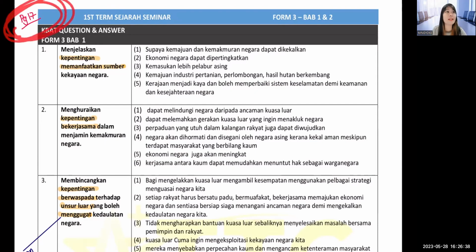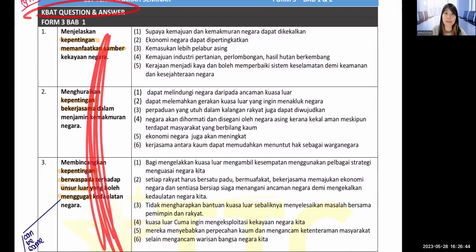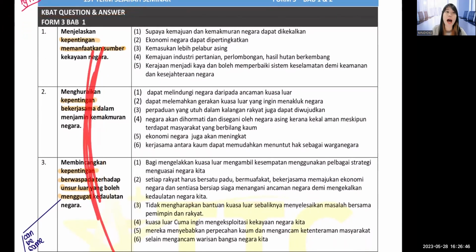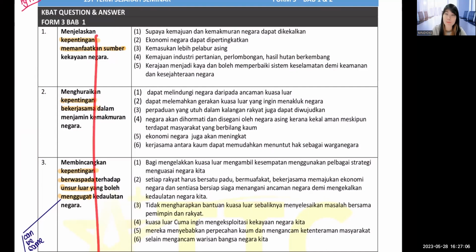According to our page 17, K-BAT soalan and jawapan, all the soalan here are from your HSP, hasil sukatan pelajaran from the government. These are the K-BAT questions provided by the government, some of it. So we just provide here and then give you an example of answer.